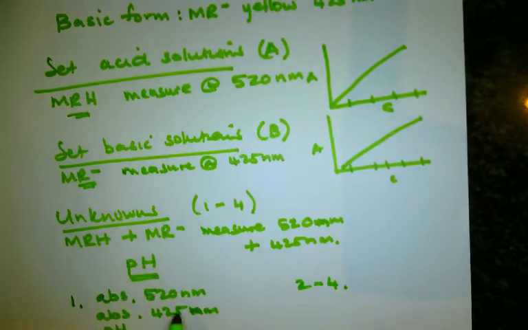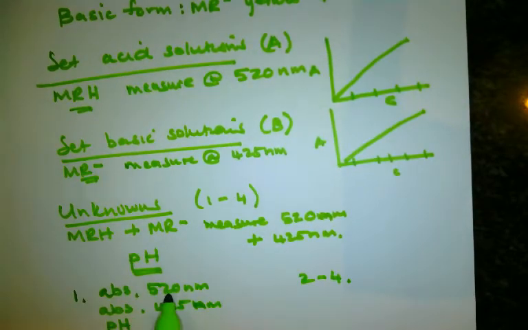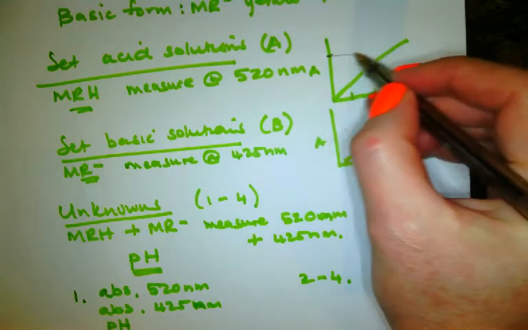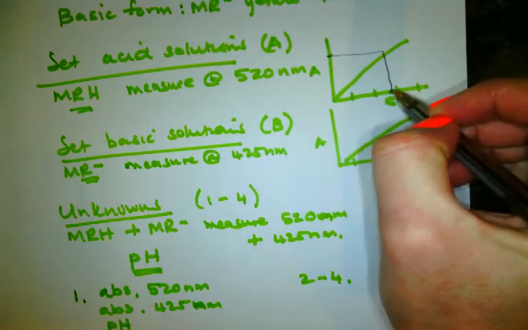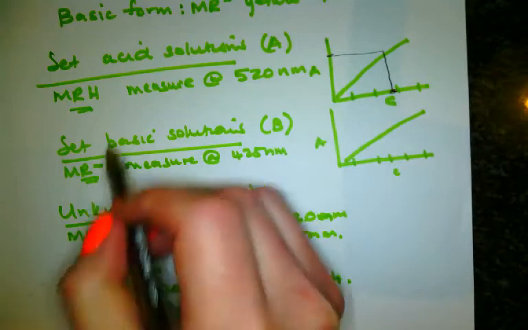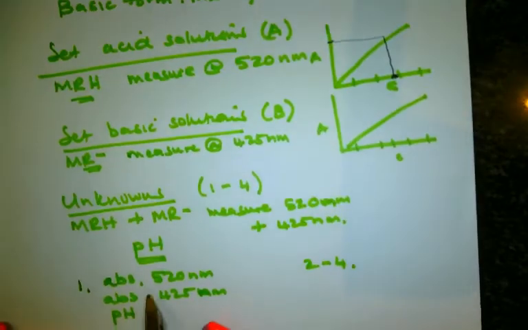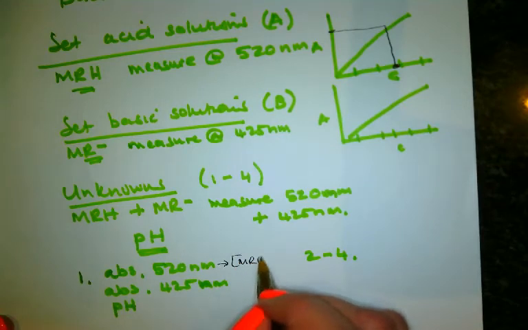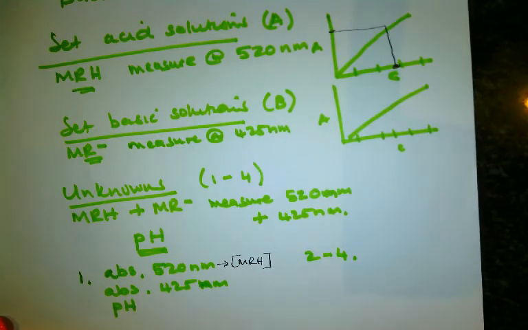You use your absorbance for that specific solution at 520, and you go to your calibration graph at 520. For that specific absorbance, you can now get the concentration of MrH in your first unknown.